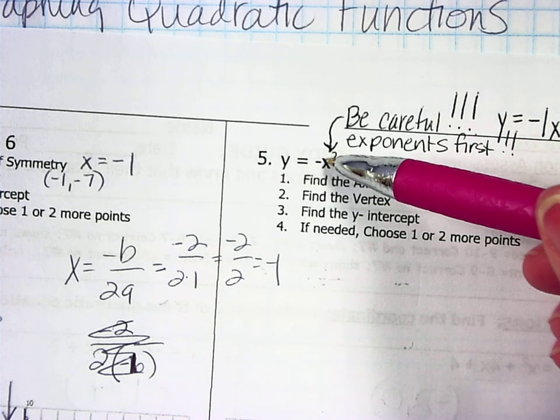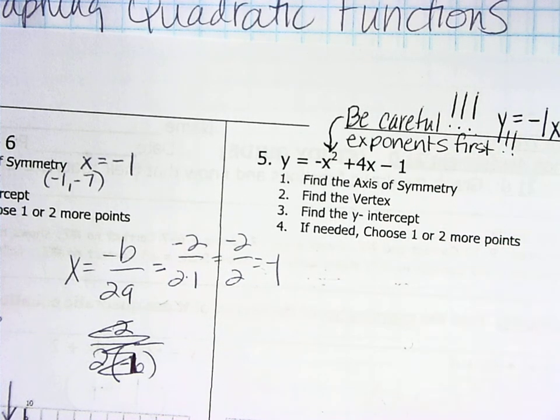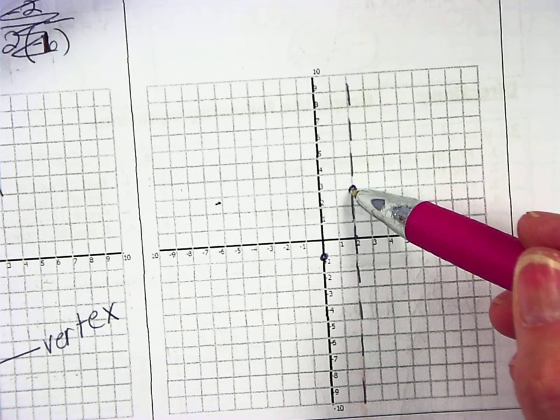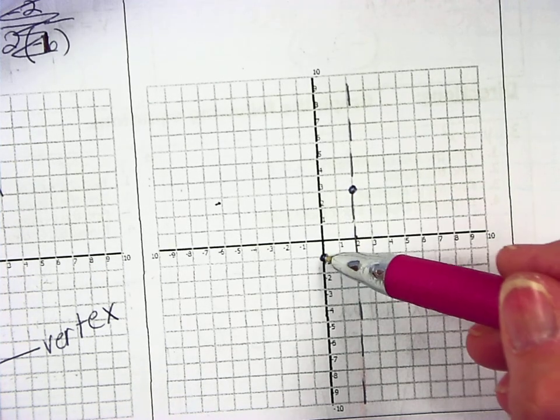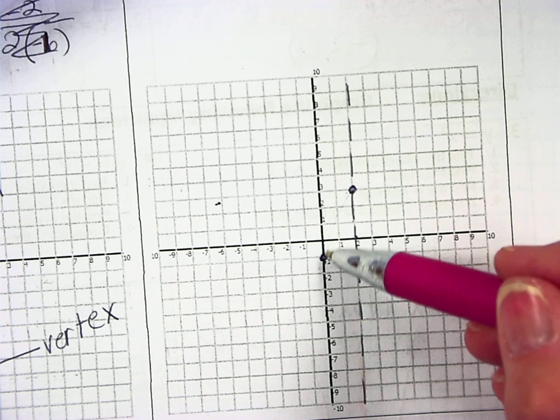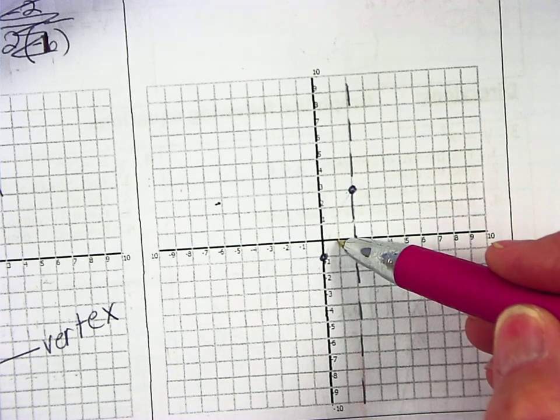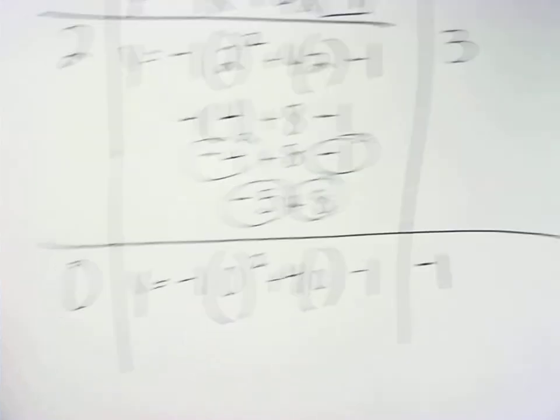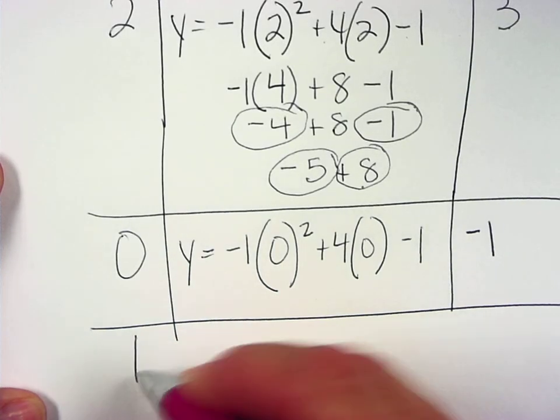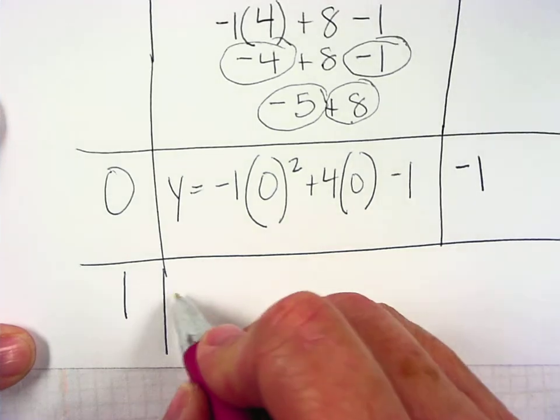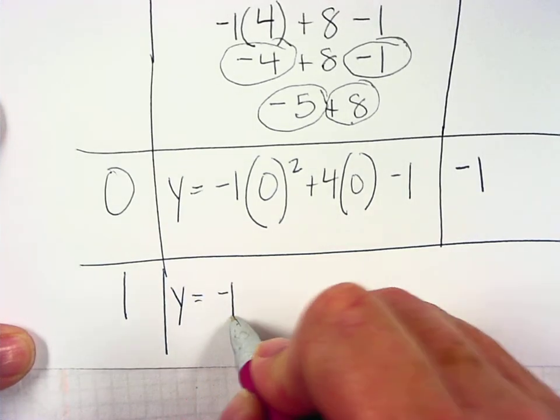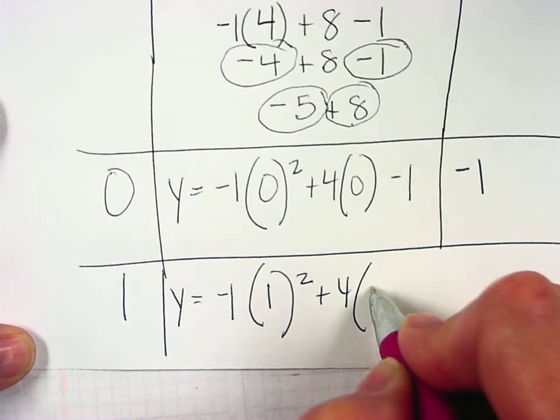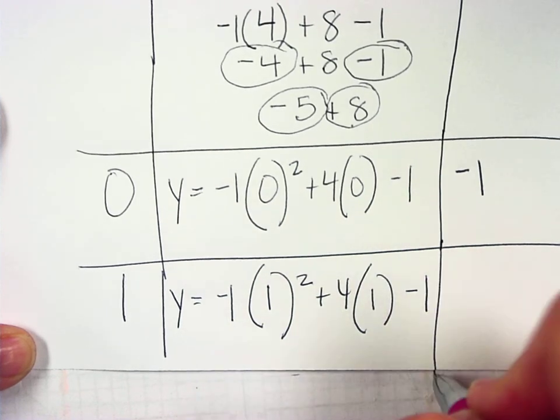Leading coefficient is negative. It's going to open down. So this is going to be the maximum point. The vertex is the maximum point. I got a good idea what's going on here. I could make x 1 or I could make x -1. Let's just do both. Let's make x 1. So y equals -1 times 1 squared plus 4 times 1 minus 1.